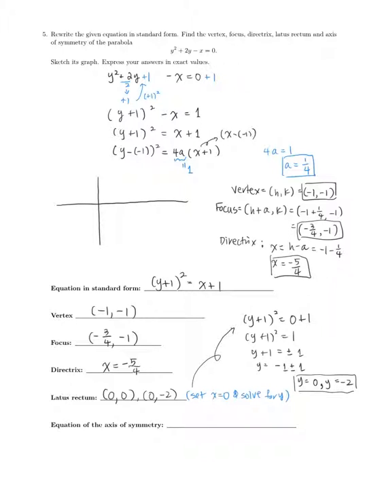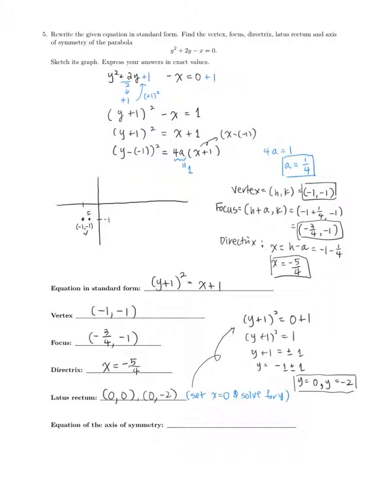Our vertex is negative 1, negative 1, and then the focus is going to be negative 3/4, comma, negative 1, maybe right here. Sorry, it's getting tinier. So that's our focus.